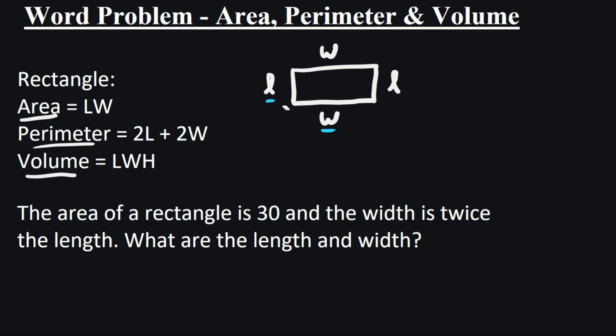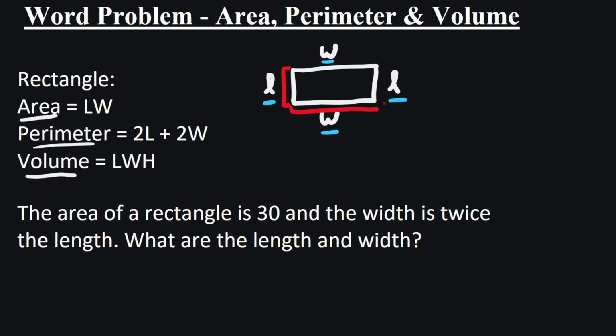And let's talk about the perimeter real quick. The perimeter, as you can see in this formula, is 2 times L plus 2 times W. In other words, it is the sum of both of these L's plus the sum of both of these W's. What the perimeter means is how long is the distance around the rectangle.